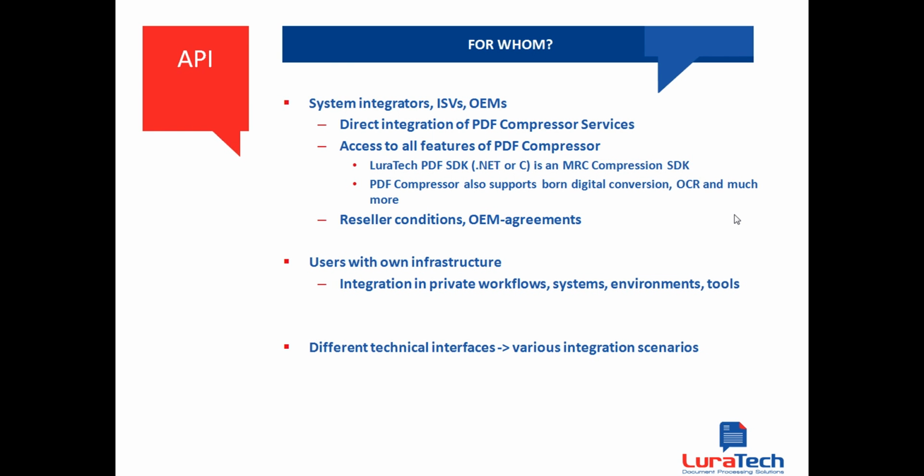We have a variety of users out there who have strong IT departments, who have private workflows created, private software components created, who have their systems, environments, and tools already set up, and also want to profit from a direct integration of PDF Compressor into their private environments. And of course, the API is helpful for those we call end customers, I'm sorry for that, those direct users of PDF Compressor Enterprise as well.